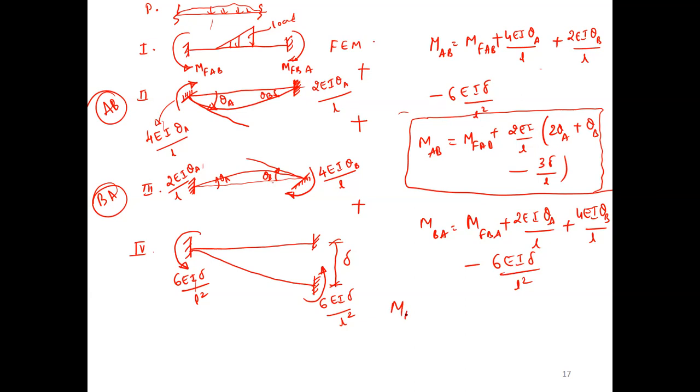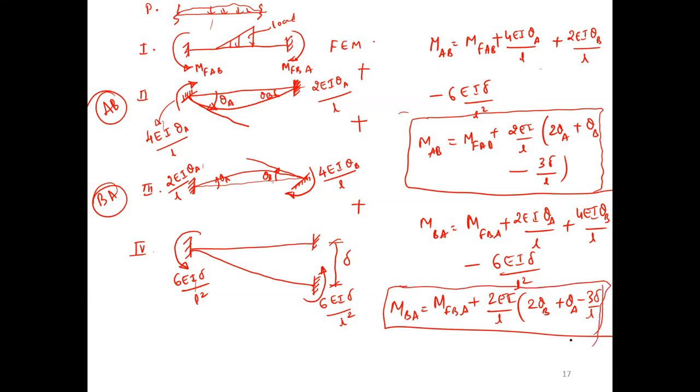Finally, what you are getting? MBA equals MFBA plus 2EI by L outside. What is remaining? 2 theta B plus theta A minus 3 delta by L. See, this is the final equation for BA.